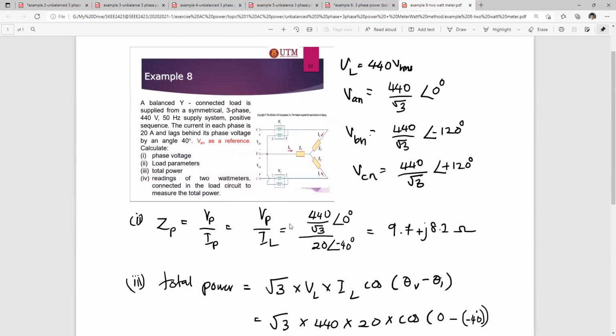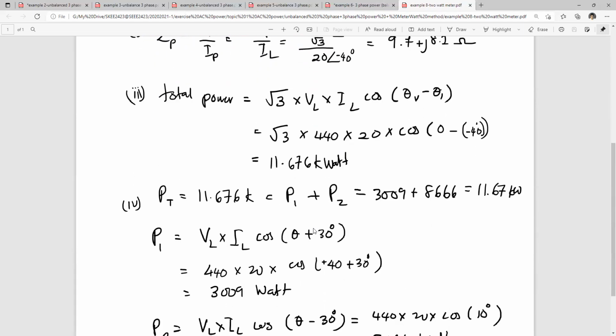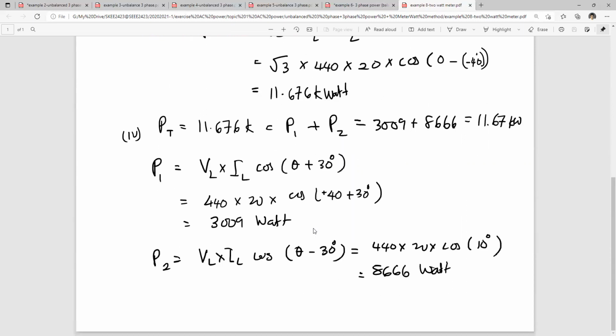The last question is what is the reading of each wattmeter, so wattmeter number 1 and wattmeter number 2. This one is by referring to the notes that I have revised. P1 is the reading of your VAB and your IA, multiplied with cos of theta plus 30 degrees.